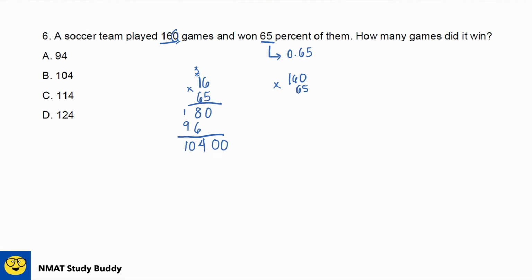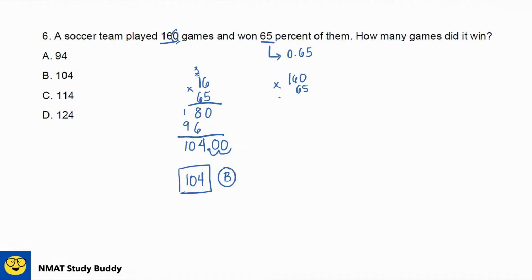So, magiging 0.65. Ibig sabihin, minove natin yung decimal point to the left ng 2 beses. So, gagawin rin natin yun dito. So, 1, 2. And so, nandito yung decimal place. So, yung final answer natin is 104 games yung napanalunan ng soccer team. So, this one is letter B.